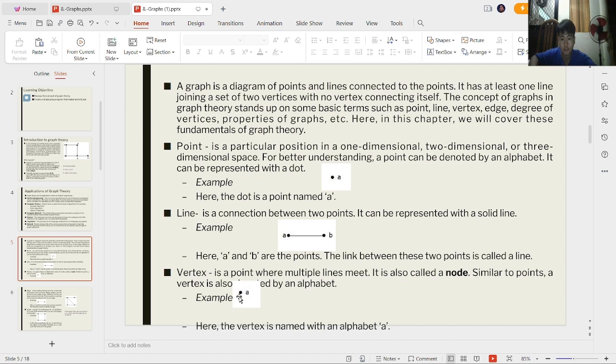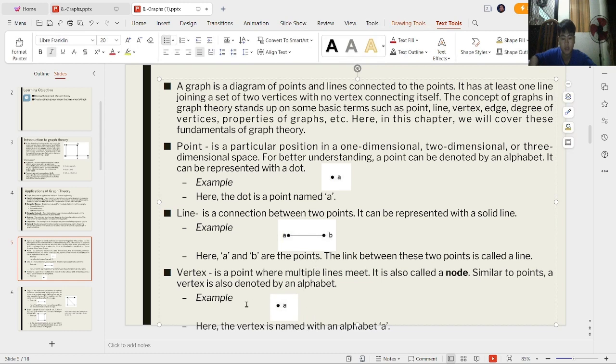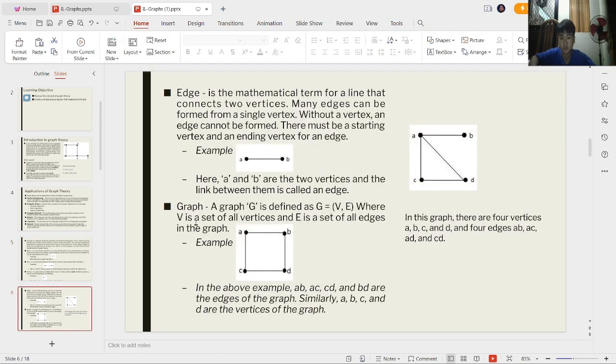Similar to points, vertices are also denoted by an alphabet. An edge is the mathematical term for a line that connects two vertices.